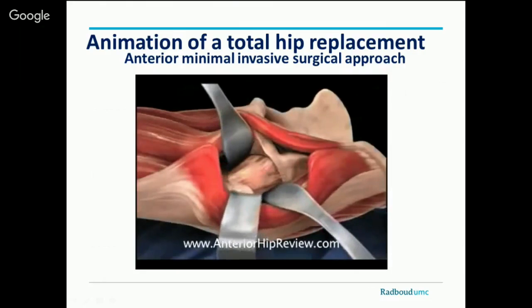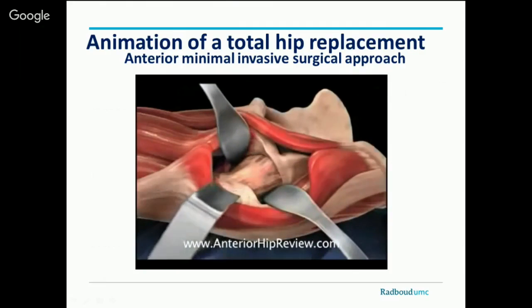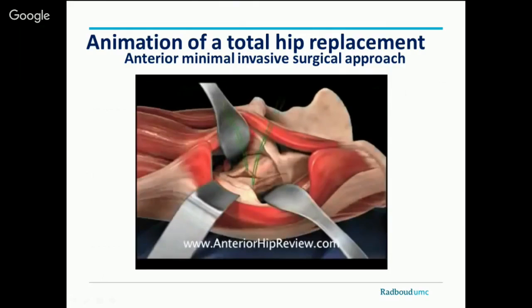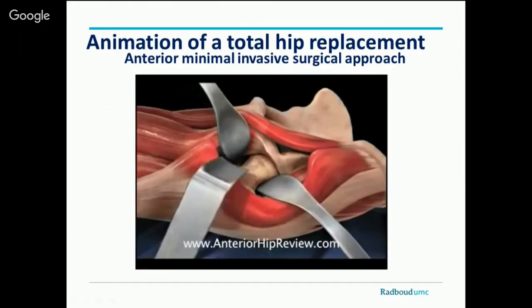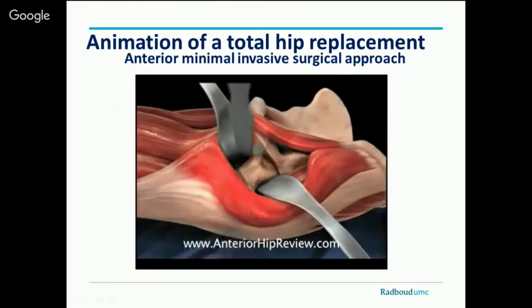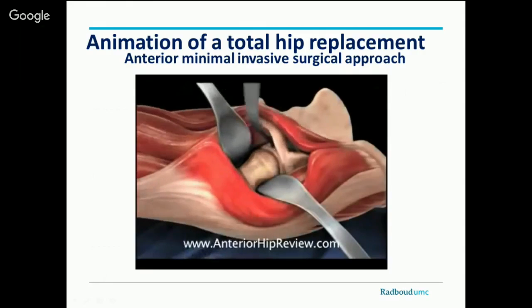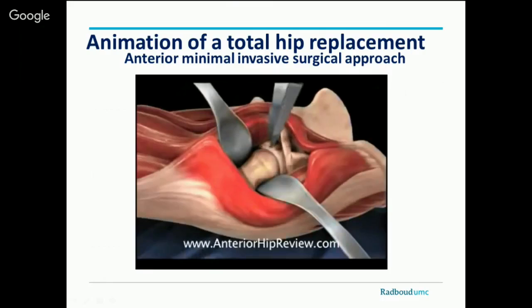A scalpel is used to create a release of the capsule, opening the joint and exposing the femoral head and the acetabulum. Here, a sharp-pointed retractor is placed on the anterior lip of the acetabulum, facilitating removal of the remaining bone spurs around the edge of the acetabulum and the diseased acetabular labrum.